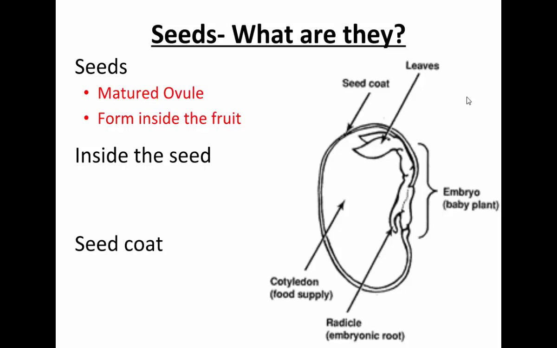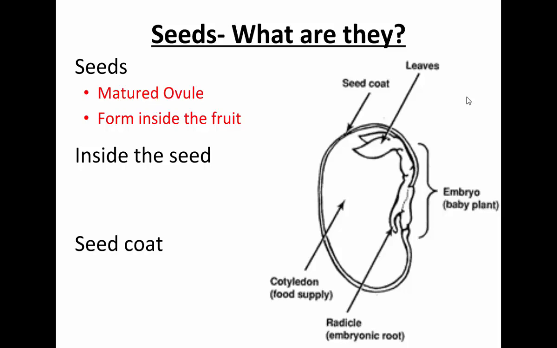Most of the inside of an actual seed is filled up with a starchy substance. Okay? That's the food supply. It's called the cotyledon. And this is stored up nutrients that the tiny little embryo of a plant that's inside there will use when it first starts to grow. Because in the beginning stage, obviously it can't go through photosynthesis because it's in the ground, under the soil.